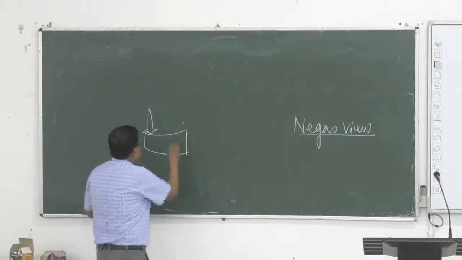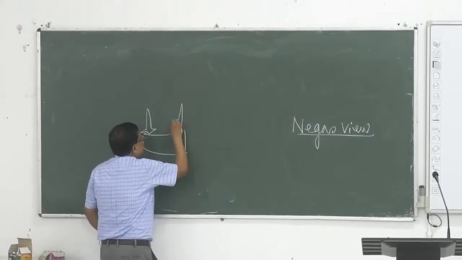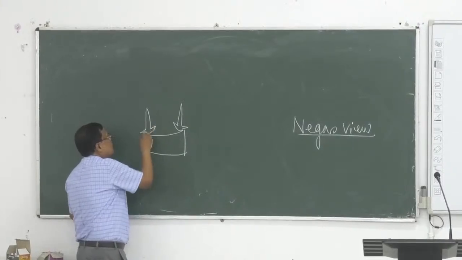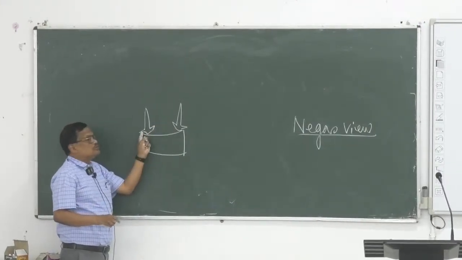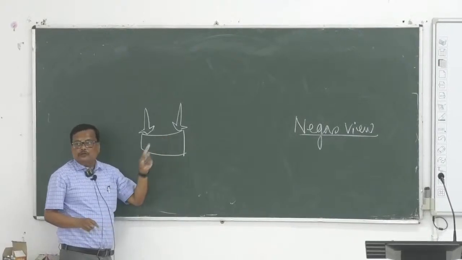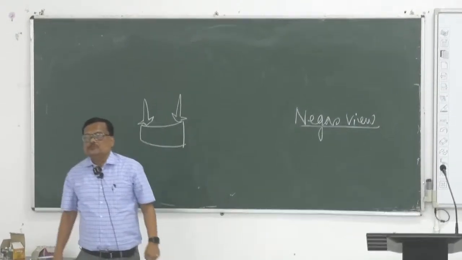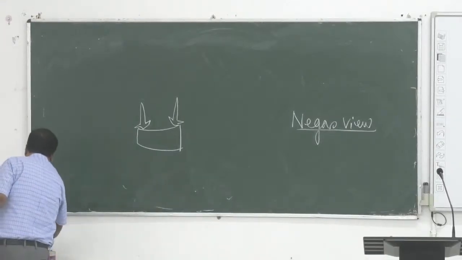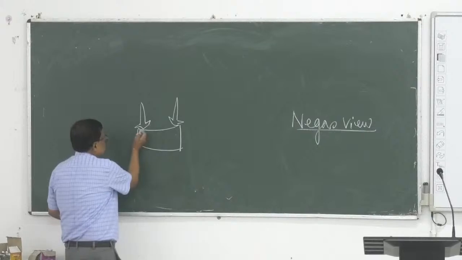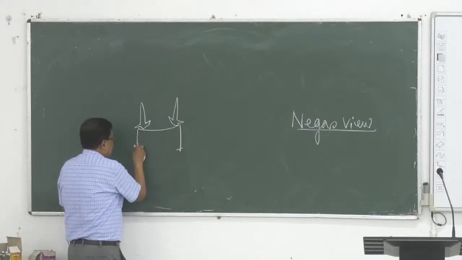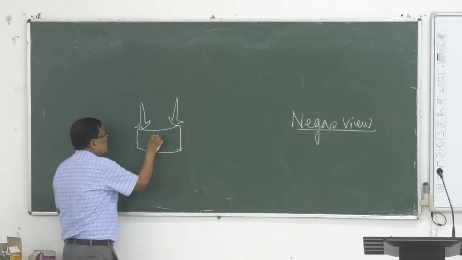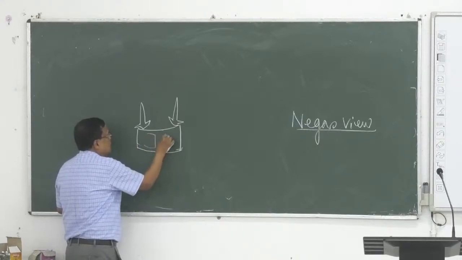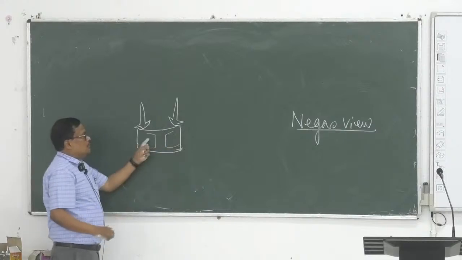Arytenoid cartilage makes a joint on either side. এটা হচ্ছে ভোকাল প্রসেস, এটা হচ্ছে মাস্কুলার প্রসেস। বারবার বলছি, অ্যারিটিনয়েড কার্টিলেজের দুটো প্রসেস রয়েছে, ভোকাল প্রসেস এন্ড মাস্কুলার প্রসেস। Posterior cricoarytenoid takes origin, one on either side from the posterior aspect of the lamina of the cricoid cartilage.